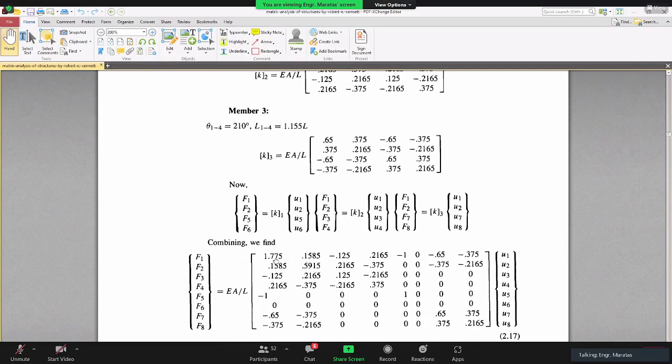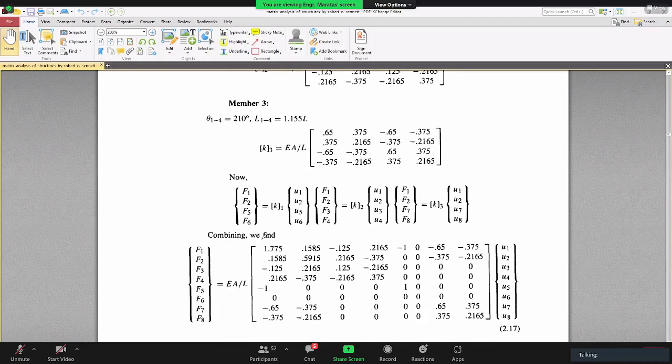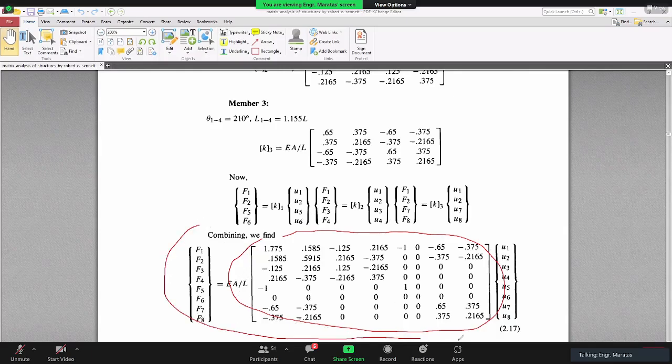Again, the overall stiffness matrix is 8 by 8, because there are 4 nodes and each node of a truss has 2 degrees of freedom. So this is the stiffness matrix, and overall this is the force-displacement relationship, F equals K times delta. After that, we have to eliminate the rows and columns that correspond to zero displacements.